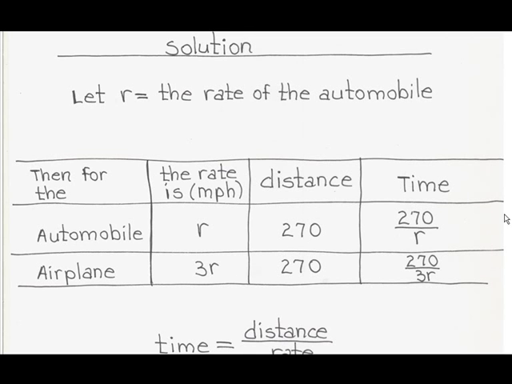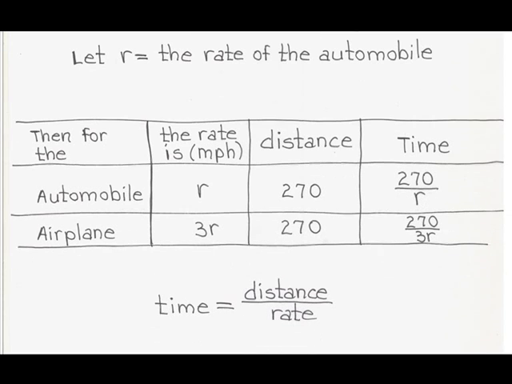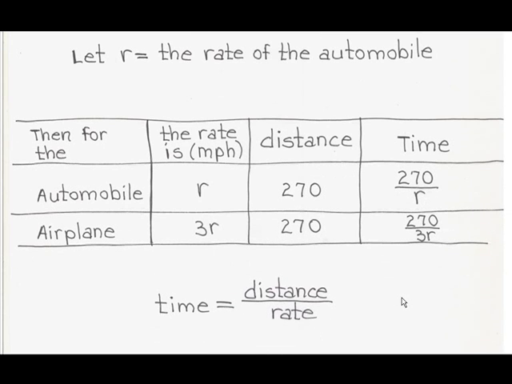Now recall that from our distance, rate, time equation, time can be found by taking the distance traveled divided by the rate or the speed of travel as you go along that distance, assuming that the rate was constant. So here for the car, we're assuming that it had a constant rate.